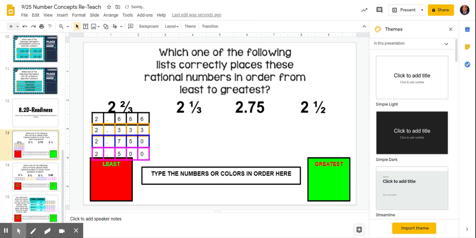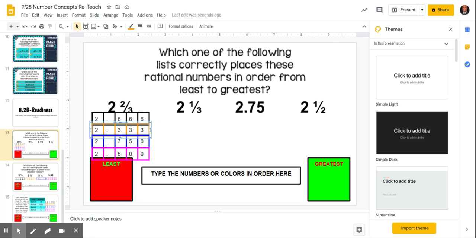So in class we taught you to look at these numbers and which one's the smallest in this first column. They're all 2s, so that doesn't help us. Our second column is all decimals. That doesn't help us. Our third column, which number is the smallest? That would be the orange one, or the second one.